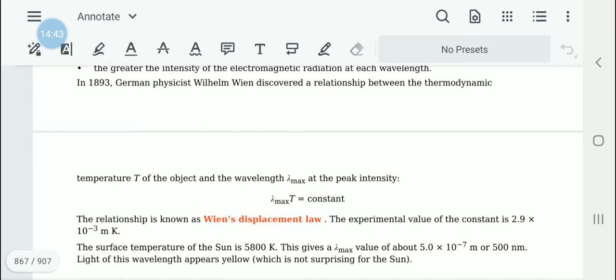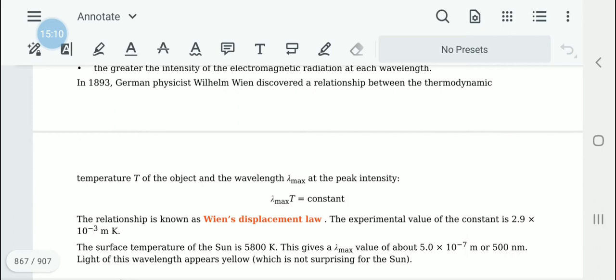Lambda max T equals a constant. The experimental value of this constant is 2.9 into 10 to the power minus 3 meter Kelvin.